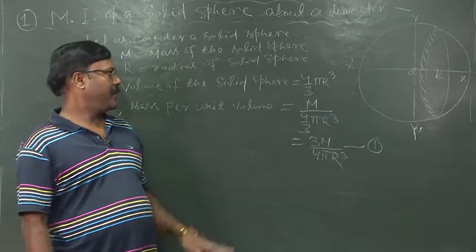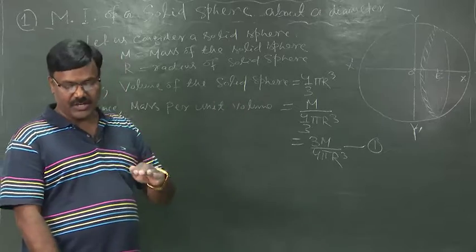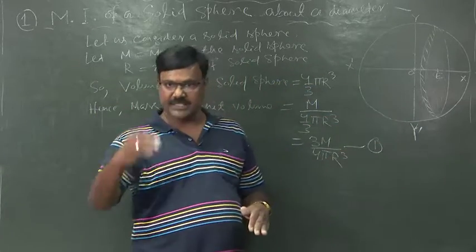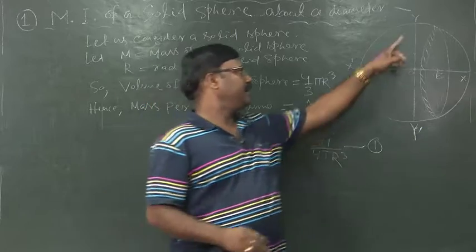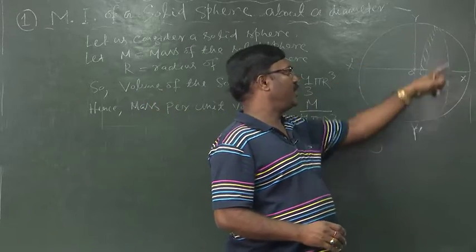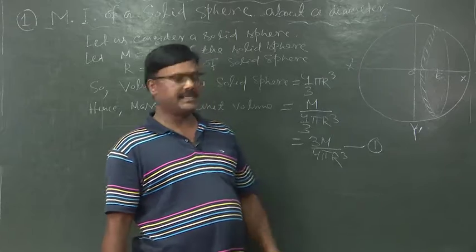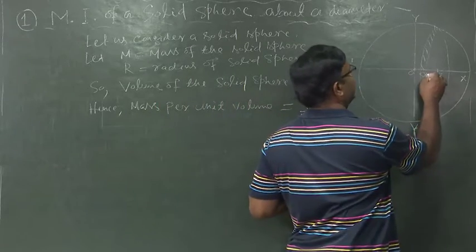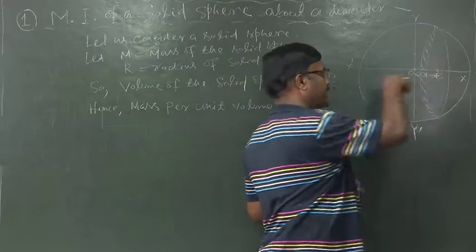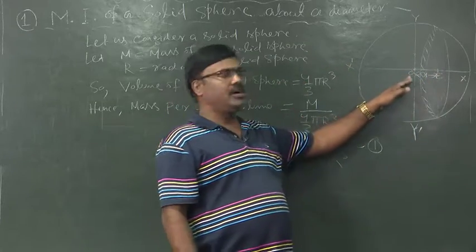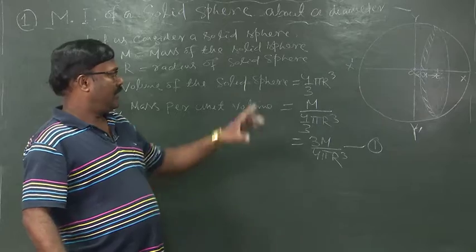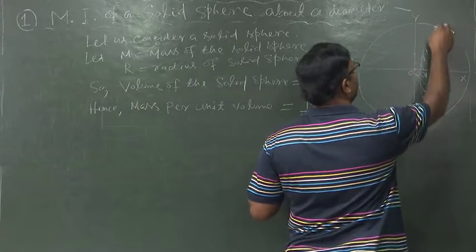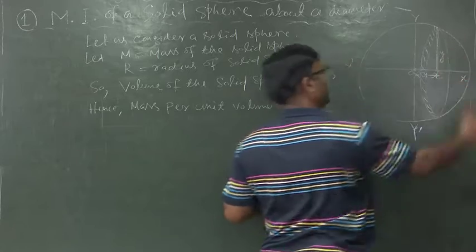Now let us consider a small element of the solid sphere in the shape of a circular disc at a distance of x from the center of the sphere, having radius equal to y.